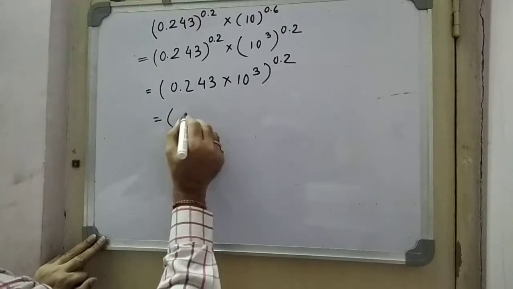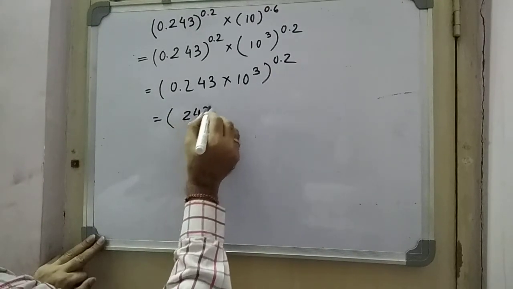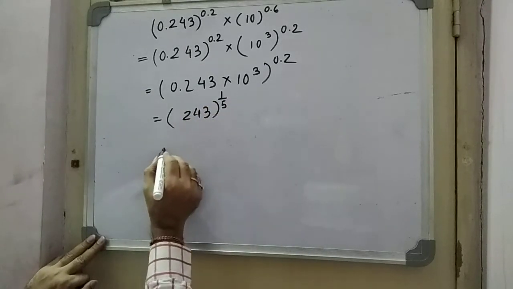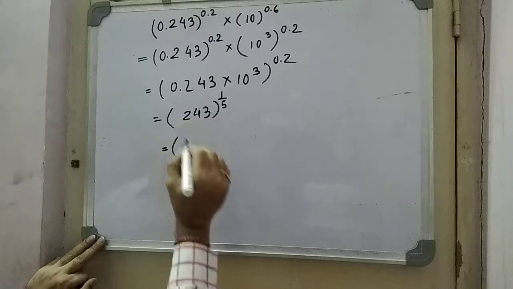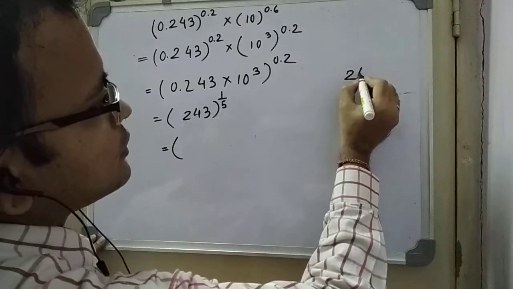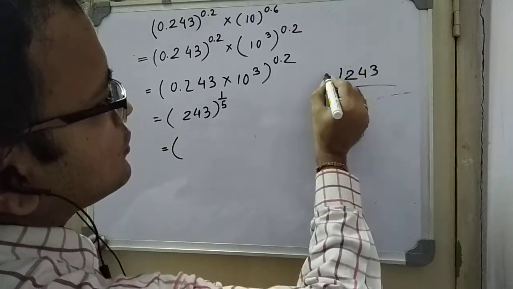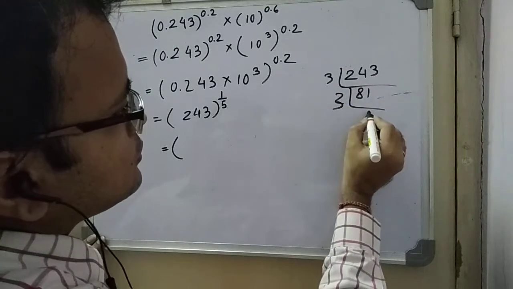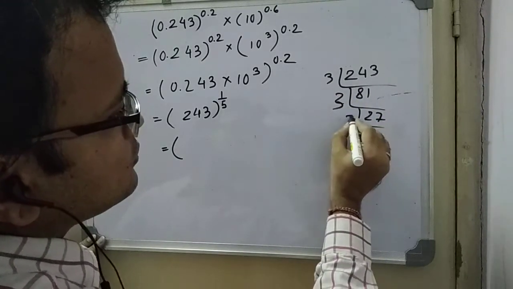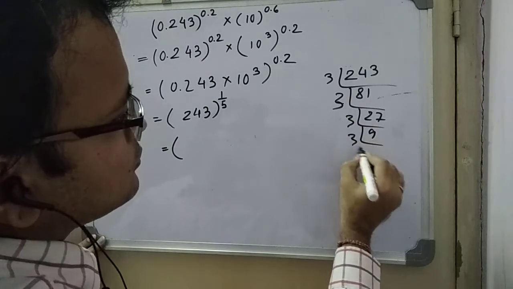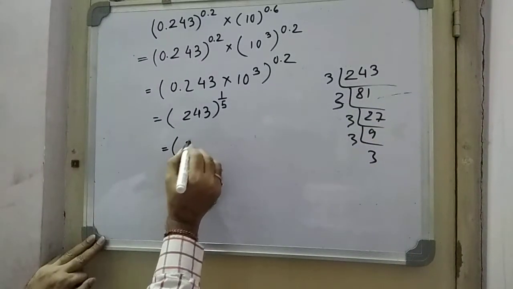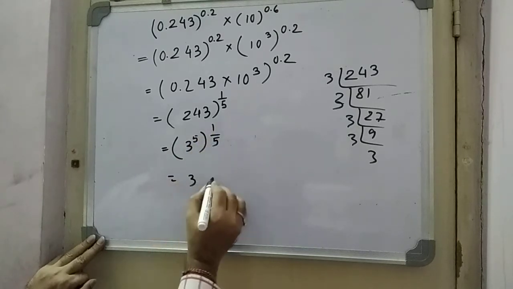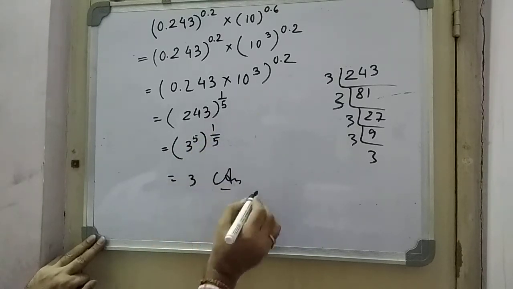So if I multiply, it becomes 243 to the power 0.2 means 1 by 5. Now this one, let's factorize. Let's see what do we get. So 3 to the power 5 whole to the power 1 by 5, so equal to 3.